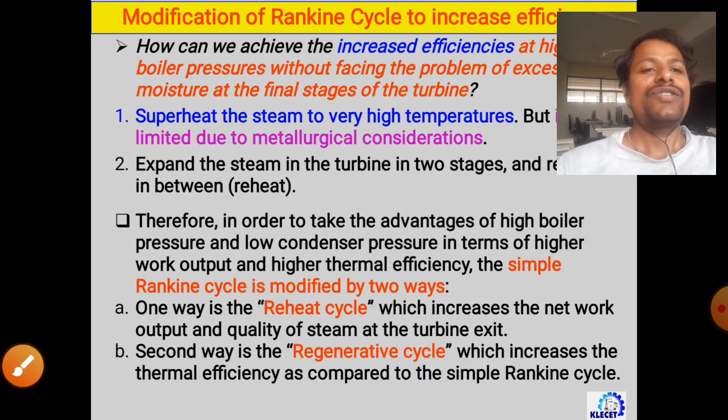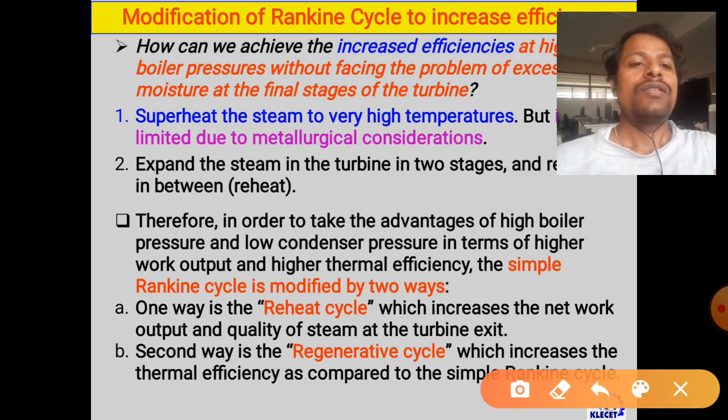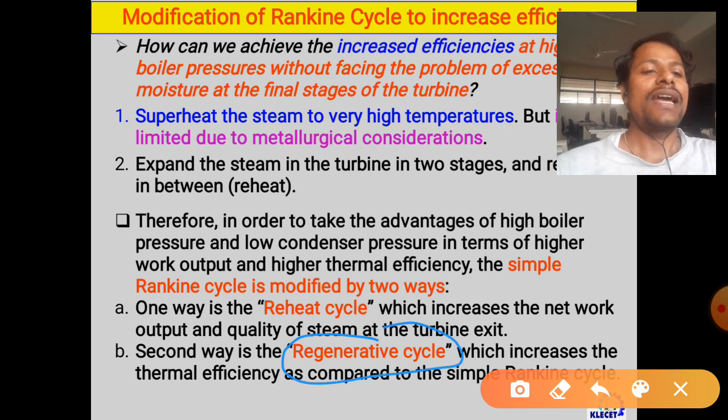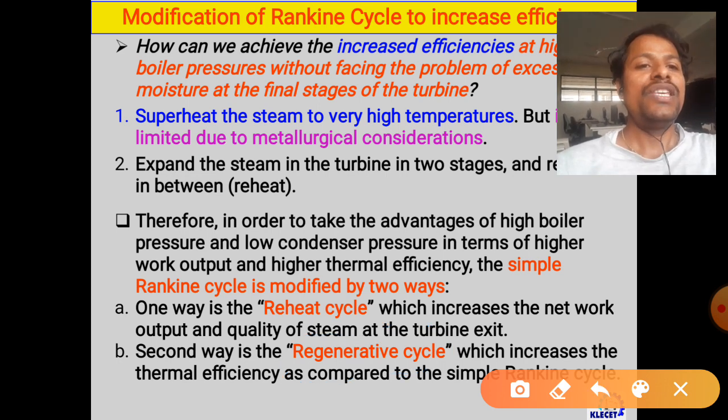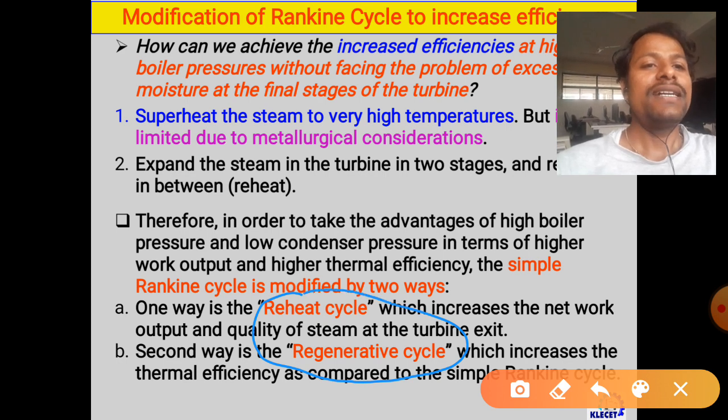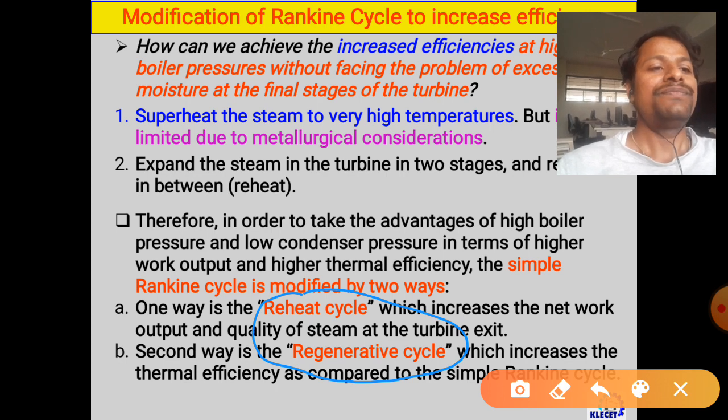Second option is regenerative Rankine cycle. This is regenerative Rankine cycle. So we will discuss about these two cycles, that is reheat cycle and regenerative cycle, in this lecture.